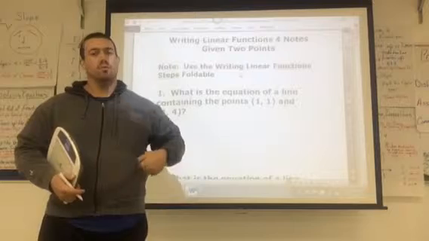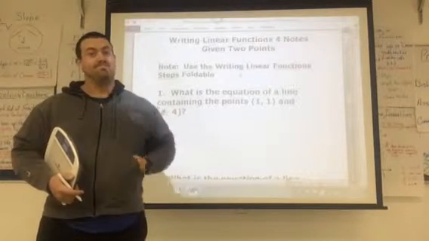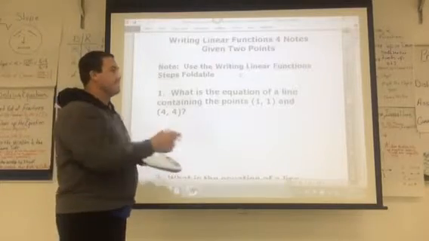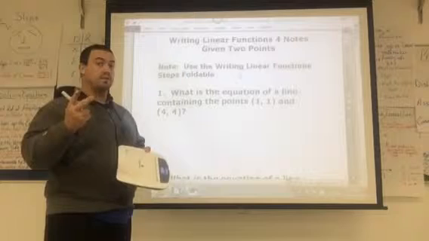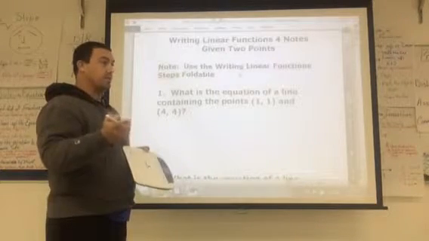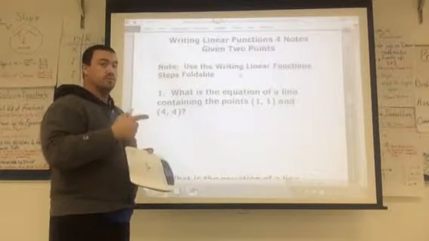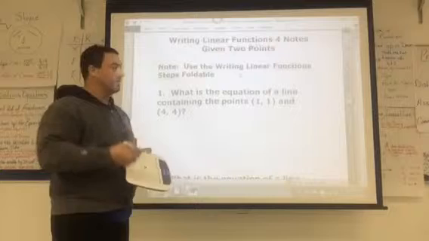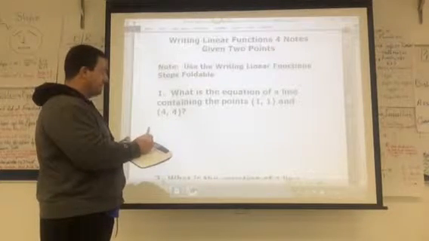So we're going to have to use our 2 points to figure out the slope, and then we're going to use our slope that we figured and one of those points to use point slope. Alright, so first things first, let's go ahead and take these 2 points and figure out the slope.